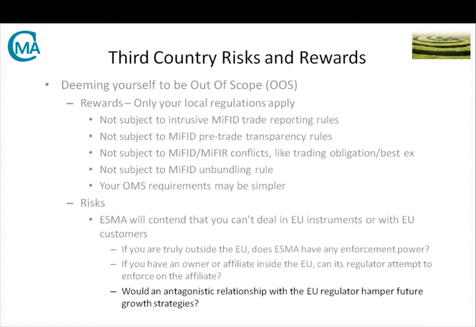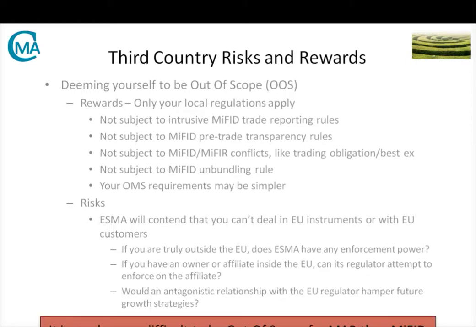And one additional question then is, if the EU regulator thinks that you're in effect breaking the rules, even if you're not there, and you want to expand your business or have a growth strategy down the road, will this bad relationship with an EU regulator hamper your ability?